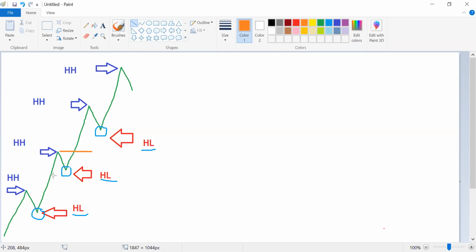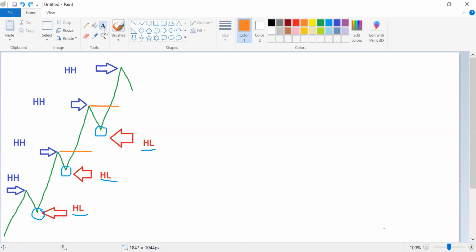So you got a confirmation over here, and over here. Prices come down, then it is trying to go up. If it crosses the high, then you will buy over here. It comes down, it goes up, it comes down, then it goes up. This is the point where you will buy.